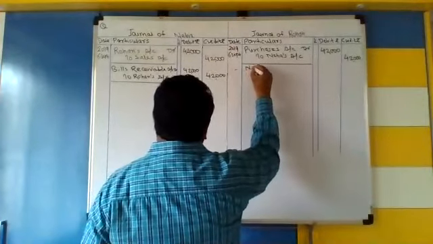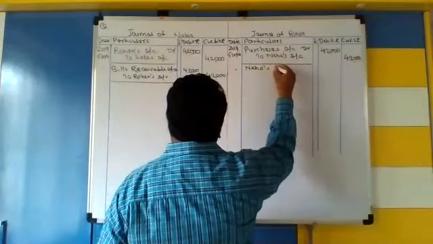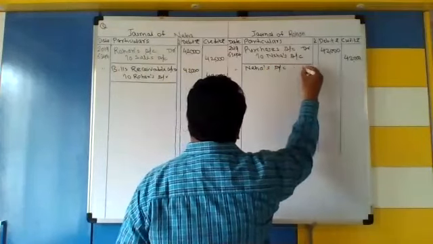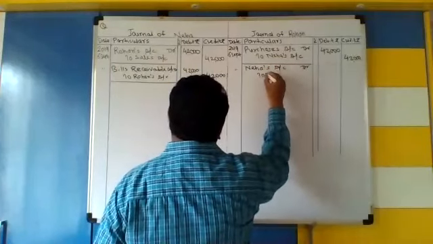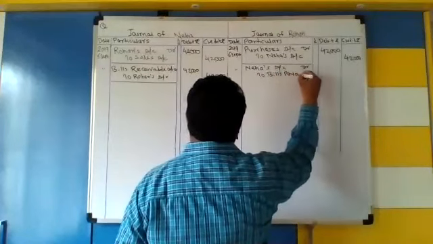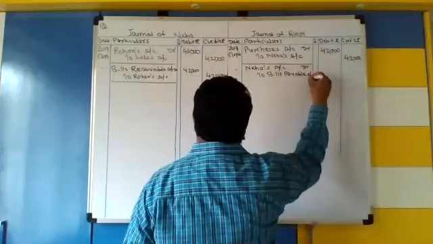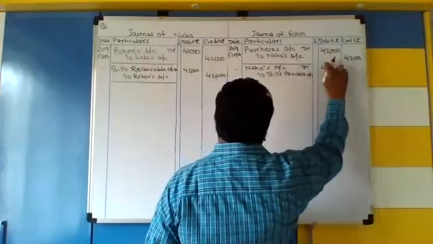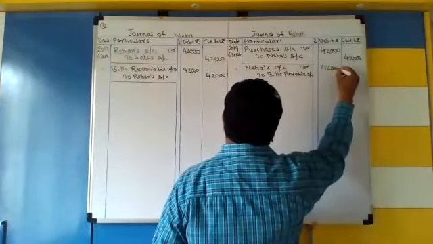Here, in Rohan's books, the entry is Neha's account debit to bills payable account. The amount remains the same, 42,000 rupees.